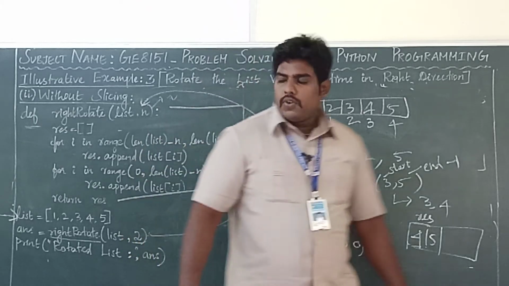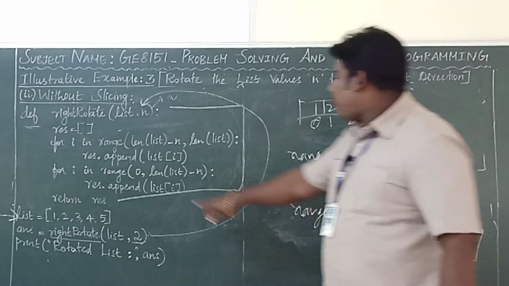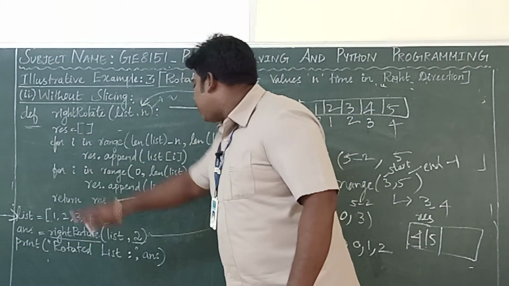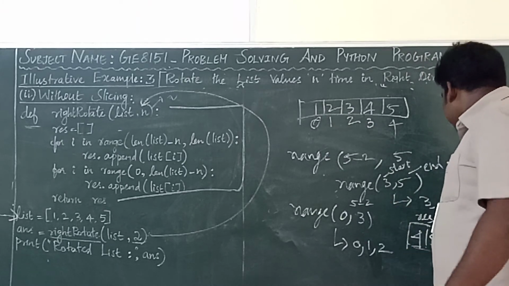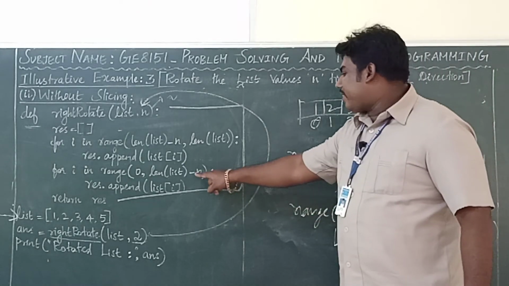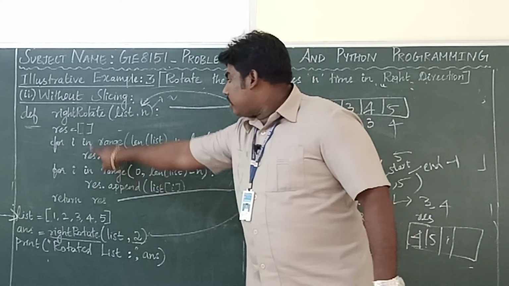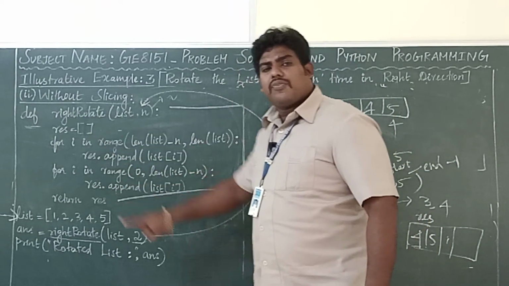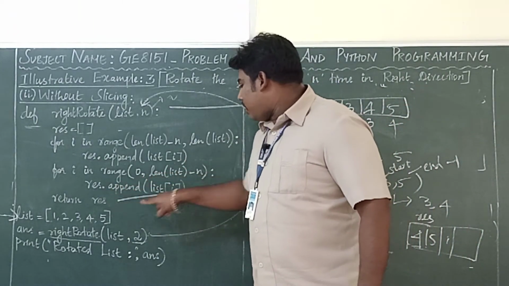So now this for loop, the first iteration takes 0, right? So for i in range of, here i value is 0. At index 0, which value is there? 1 is there. Again in the second iteration, result dot append. Already in the result 4 and 5 are there. There you are appending. Result dot append of i.